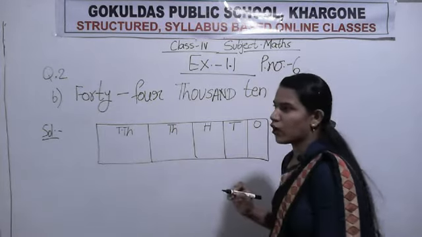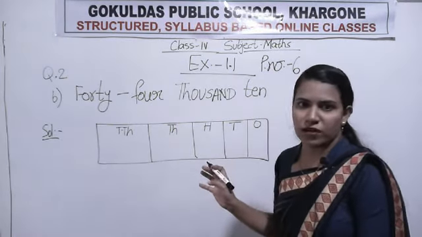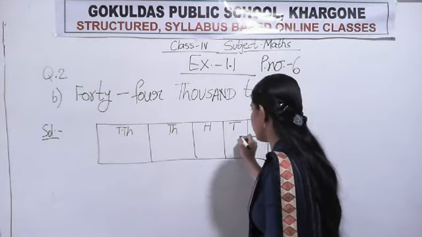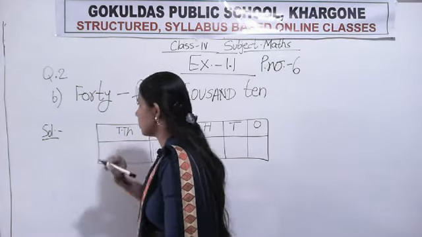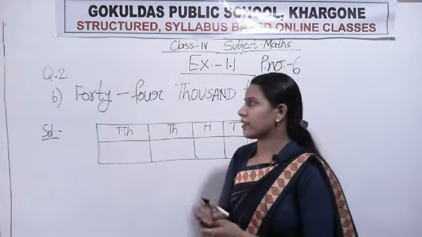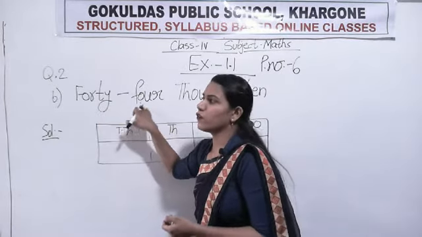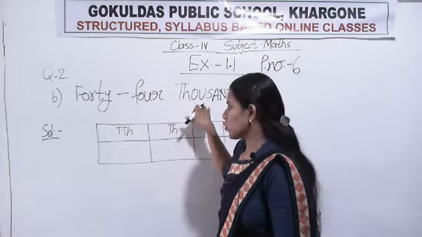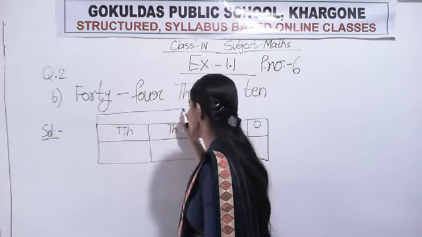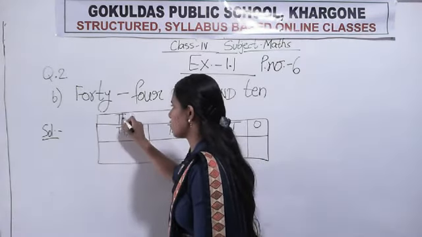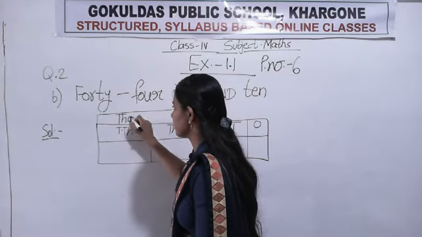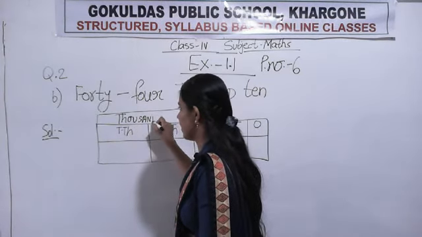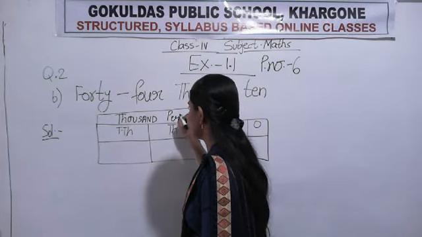And what do you have to do now? You have to write the numbers. The number name is given, you have to write the number. So you can see that 44 is written before the 1000. So you will write it in the thousands period. It is the thousands period, right?